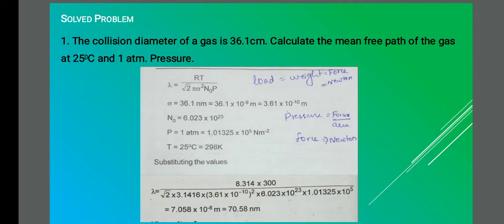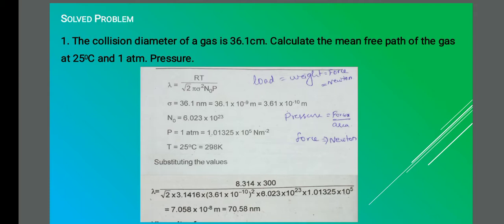It is 36.1 nanometer, which can be written as 3.61 times 10 to the power of minus 10 meter. Then Avogadro's number, which we have studied already, is 6.023 times 10 to the power of 23. It's a constant value.